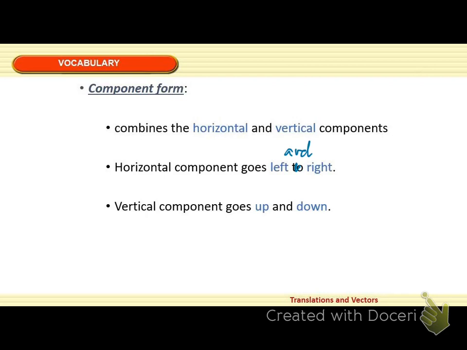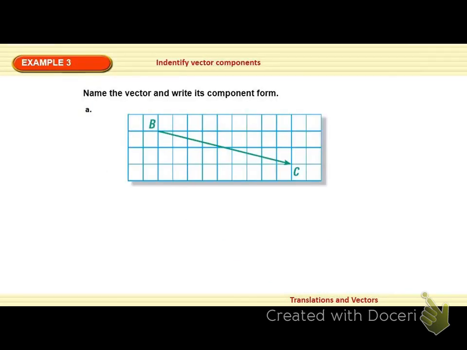Okay? When we write that, we use these inequality symbols as grouping symbols, and then we'll put the horizontal first and then the vertical component second to let you know how is it moving in the x direction, how is it moving in the y direction. Okay? So, for example, this. Name the vector and then write its component form.